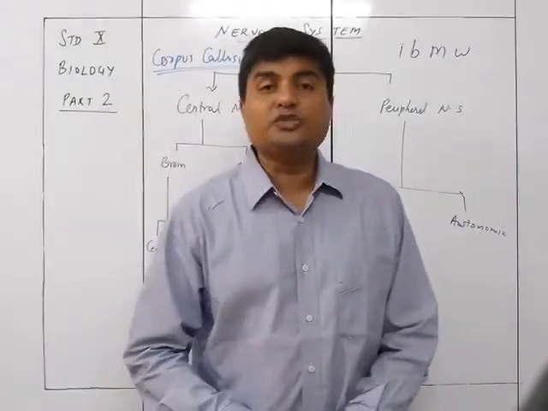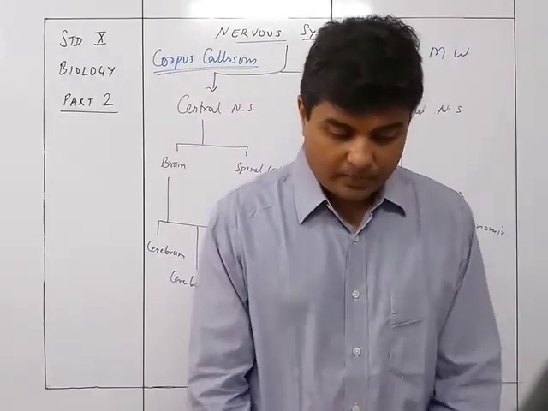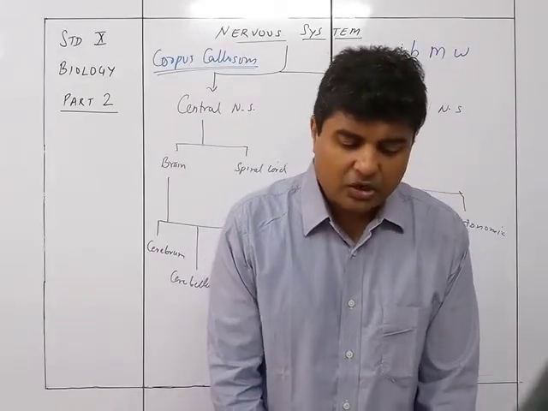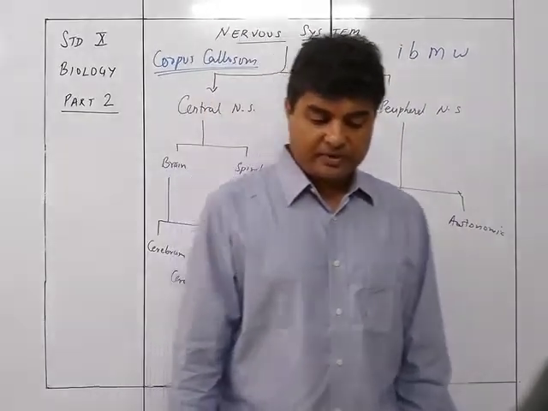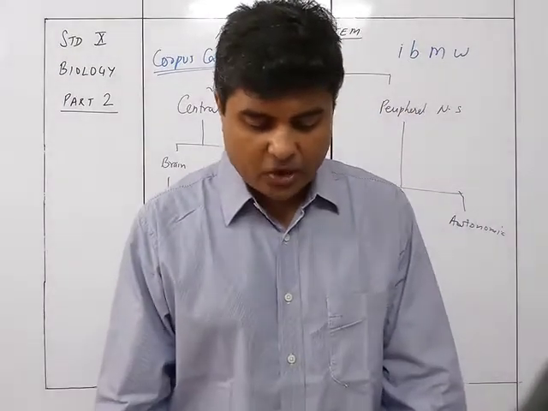The next we see is the peripheral nervous system. The peripheral nervous system includes the nerves which carry impulses to and from the central nervous system. It is divided into the somatic nervous system and the autonomic nervous system.